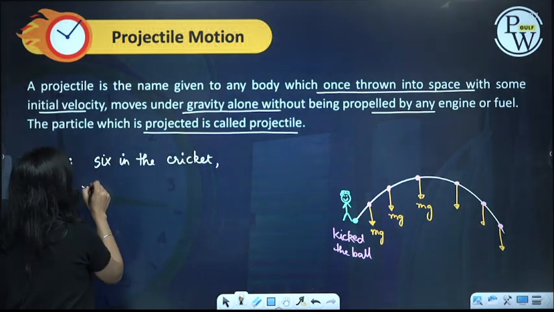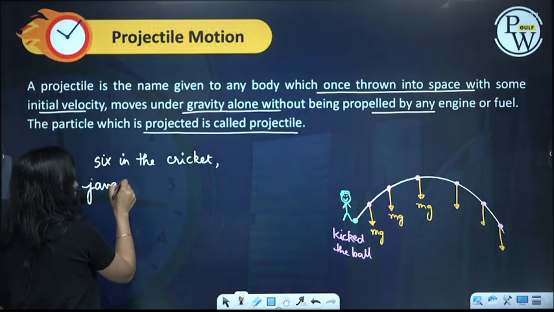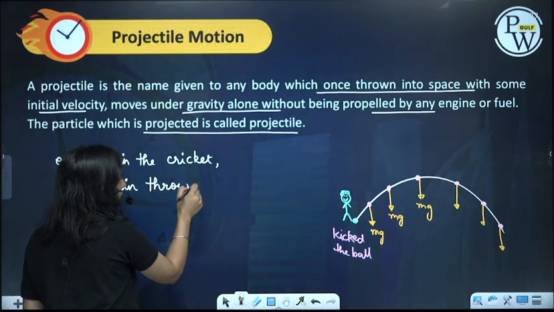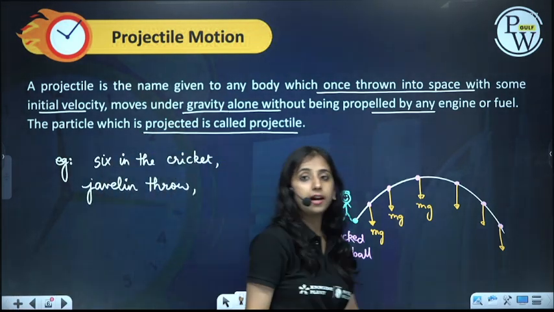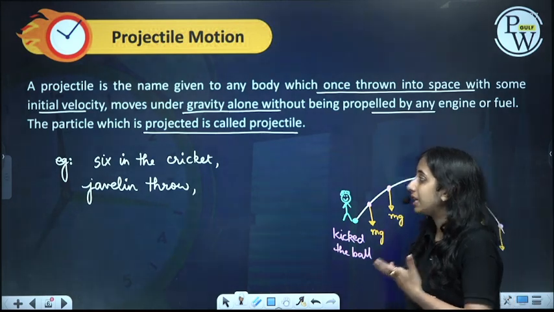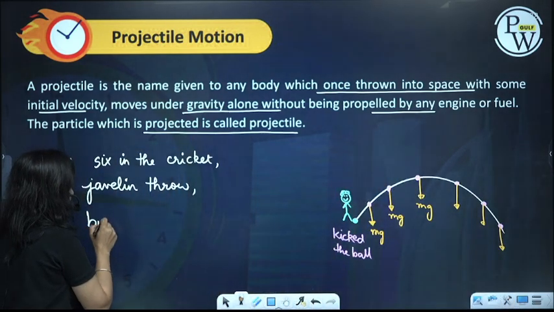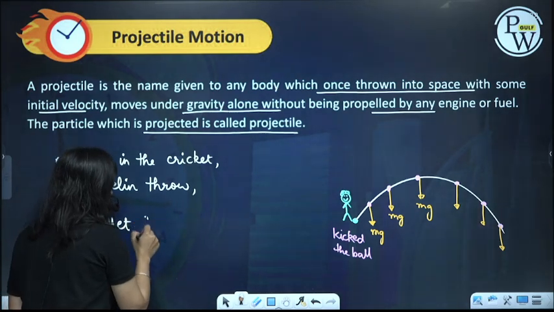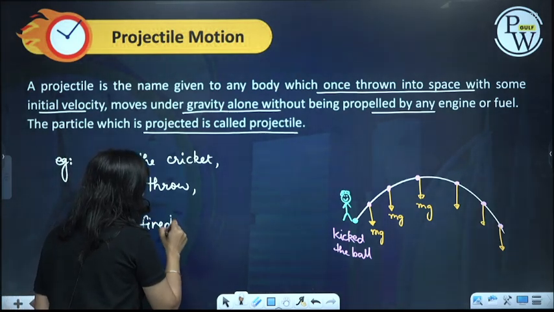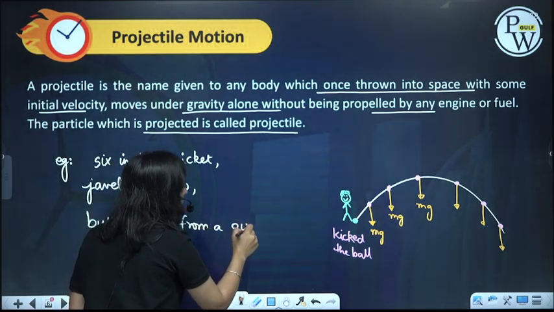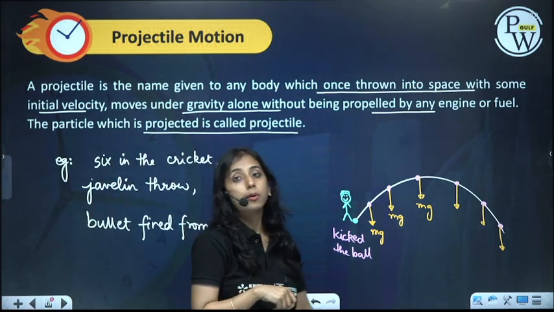When a player throws a javelin, the javelin is also following a projectile path. A bullet fired from a gun. All these are examples of projectile motion.